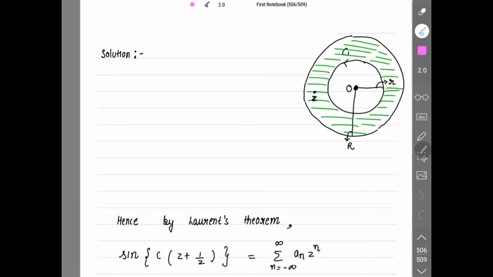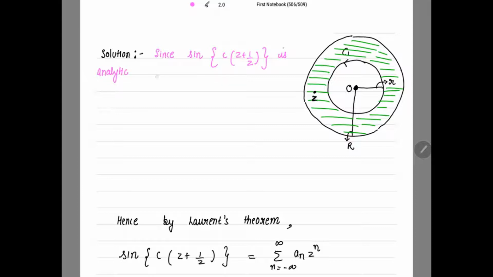What is the function given to us? Sine of c into z plus 1 over z. This is analytic everywhere except at z equal to 0 and z equal to infinity.